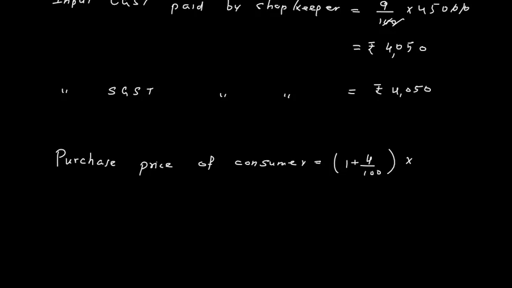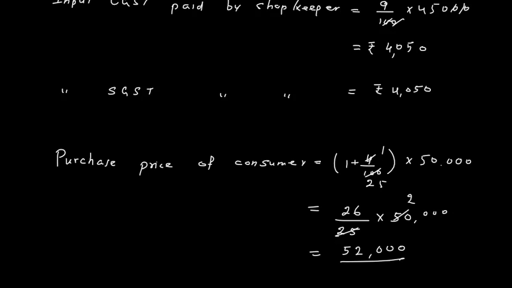So 1 plus 4 upon 100 into 50,000. Cancelling with 4, it is 26 upon 25 multiplied by 50,000, and 26 into 2 is 52,000. So the purchase price of the consumer is 52,000.